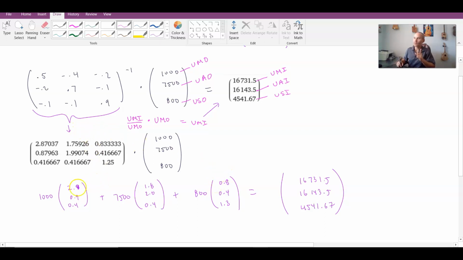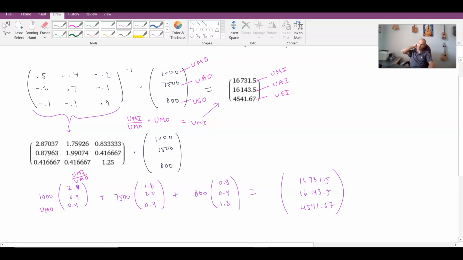So the way we can maybe think about this is that we have 1,000 units of manufacturing that needs to be output to the city, and that means that in order to meet our total 1,000 units here, it's going to require 2.8 units of manufacturing input for 1 unit of manufacturing output. Now, how could that be?